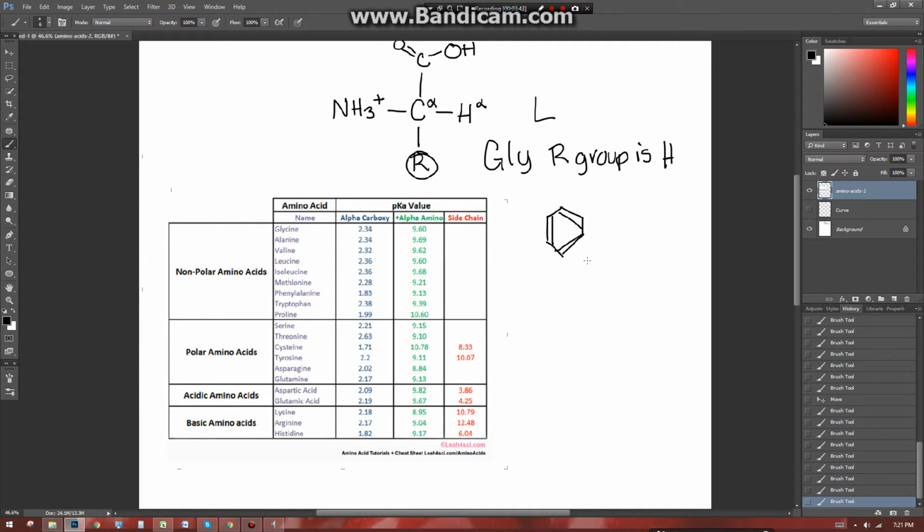In organic chemistry, you can have more than just benzene rings be aromatic, but for amino acids, just worry about benzene rings as being aromatic. And so the amino acids that have these rings are phenylalanine, tyrosine, and tryptophan. So these are aromatic.